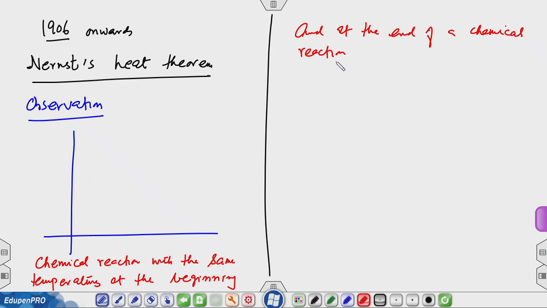What Nernst observed is that delta G, which is negative if you are going towards an equilibrium state, becomes smaller and smaller. And delta H, the change in the enthalpy, also becomes smaller and smaller in magnitude. So, he anticipated that the change will vanish as T tends to 0.